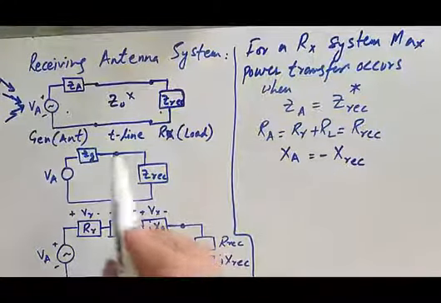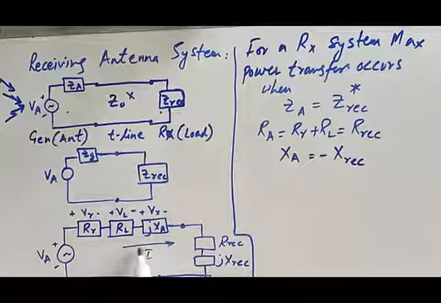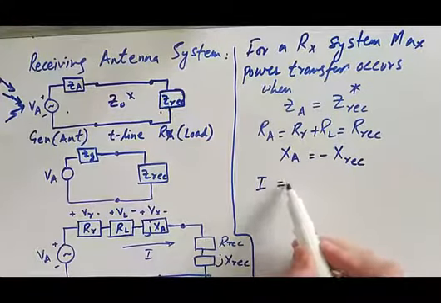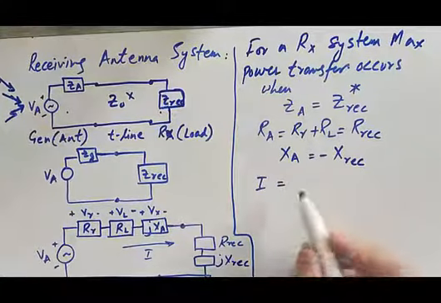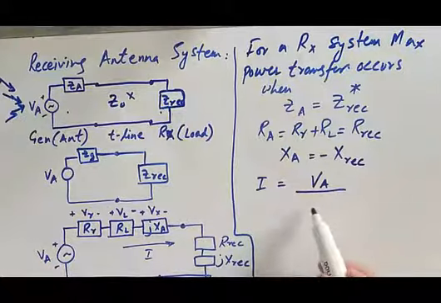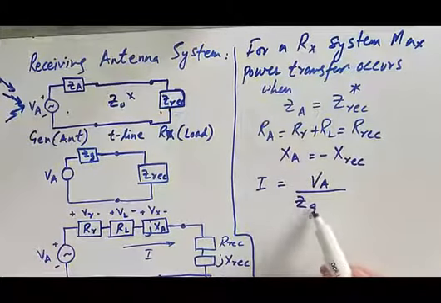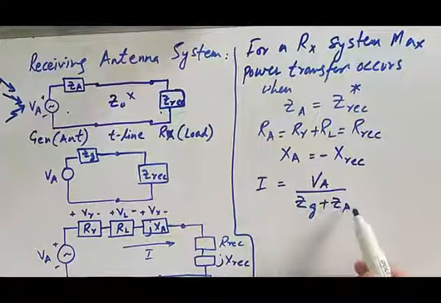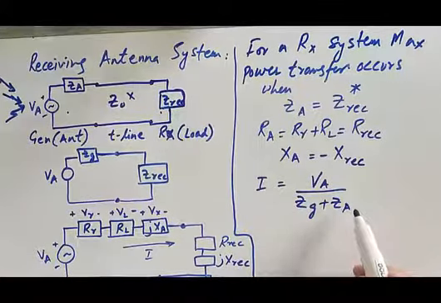The circuit current we are talking about is equal to, let me write the equation of the current, VA divided by ZG plus ZA.